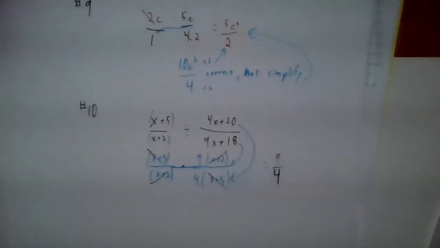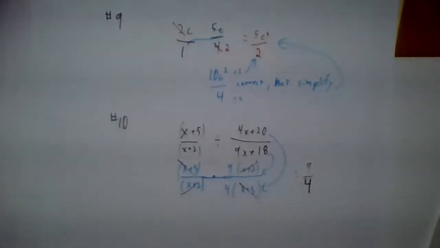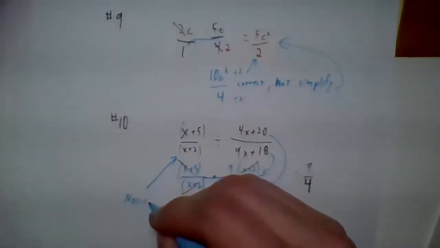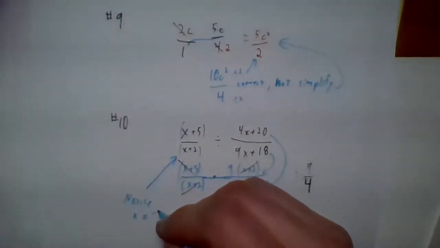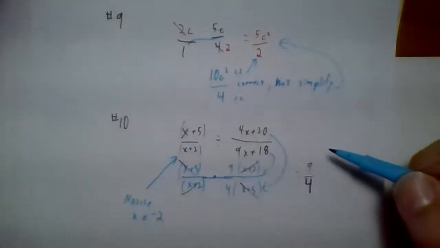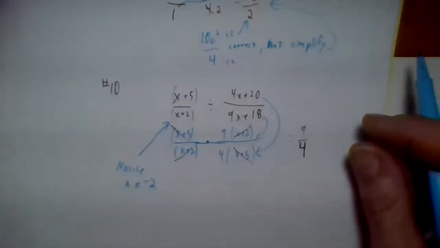I will say, where we're going to be at the end of this chapter, there's a thing that we ought to think about here, so let me take a moment on it. We have some time. Notice x can't be equal to -2 in this thing, because that would make that a 0 denominator, and you can't divide by 0. Same old rule for these things. That's the rule for the domain of stuff like this.